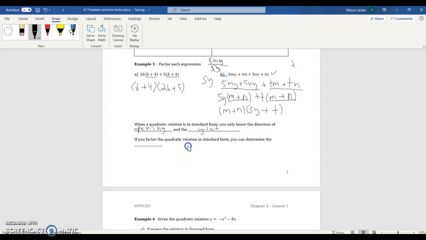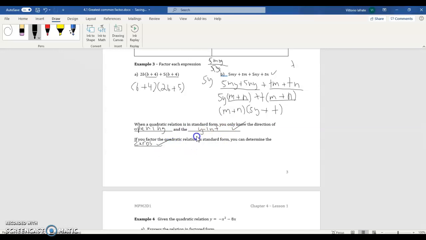Now, if you factor the equation, if you go from standard form to the factored form, that gives you the additional benefit that you can figure out the zeros. So if you have the standard form, you get your opening, is it from the top or the bottom, and you also have your y-intercept.